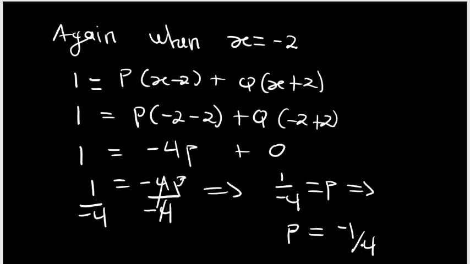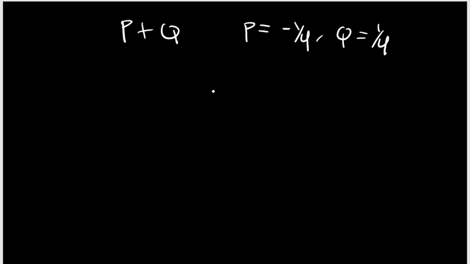Now we have the value for p, we have the value for q. The question was asking us to find the value of p plus q. In this case, we know that p is equal to what? -1 over 4, and we know that q is equal to 1 over 4.